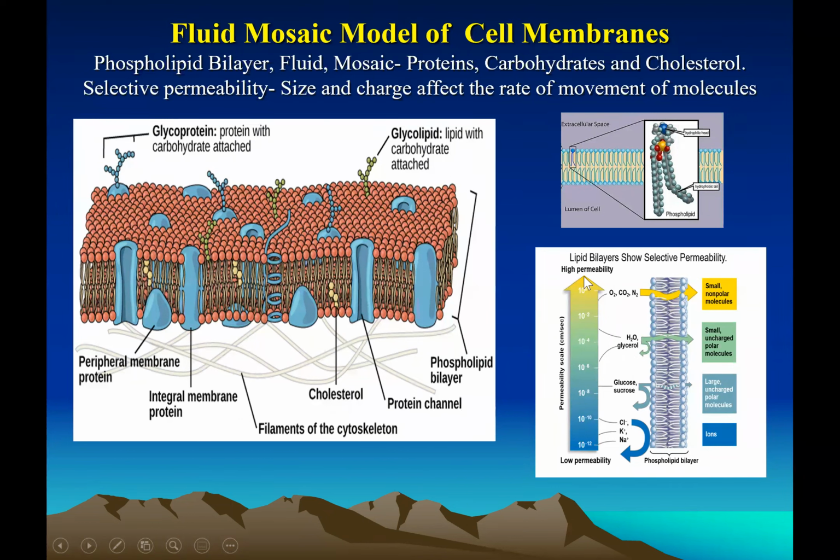So this is like a permeability scale that you're seeing, highly permeable to low permeability. See, glucose and sucrose are big molecules. They might need a protein in the membrane to escort them inside the cell because they are large, uncharged polar molecules. Ions like sodium, potassium, chloride, they'll all need help. So depending on the size and charge of the molecule, the permeability differs.